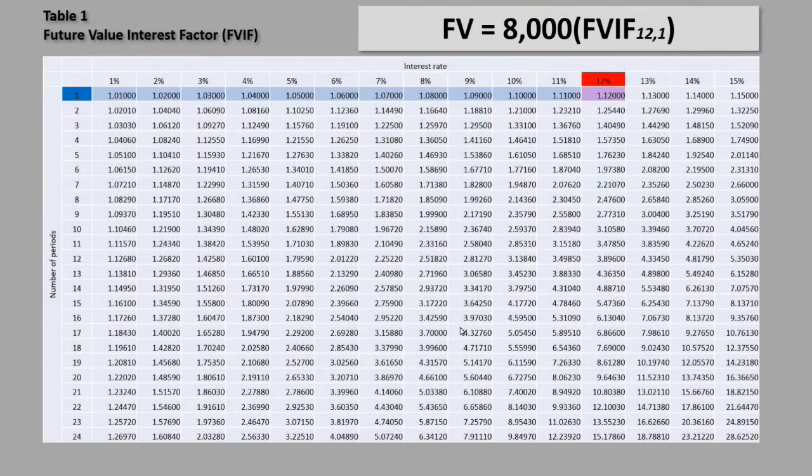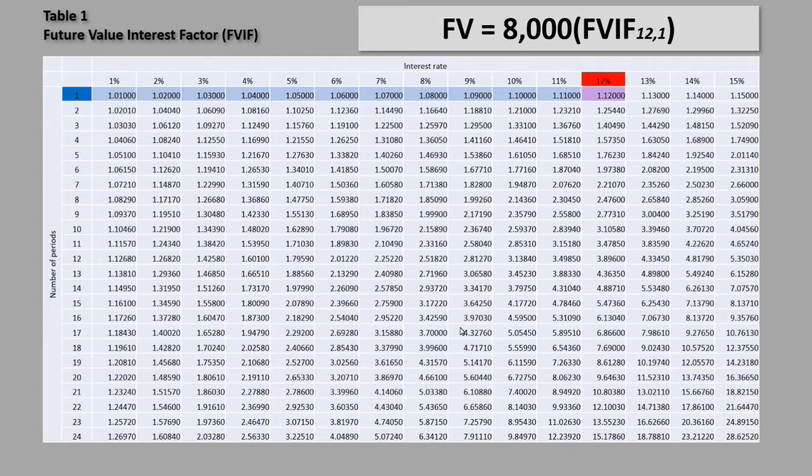Okay, here's why. Again, looking at the table 1, future value interest factor table, you see along the top margin, the interest rate is 12%. This is if you take it straight from the word problem, 12%, and then the first line is one number of periods.